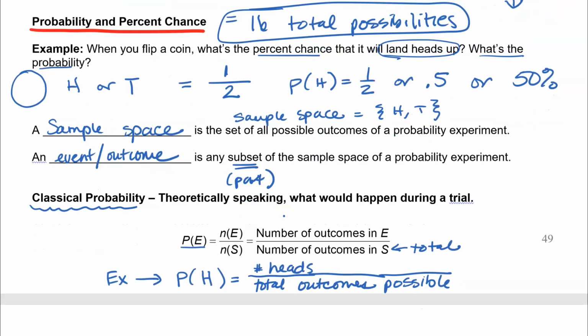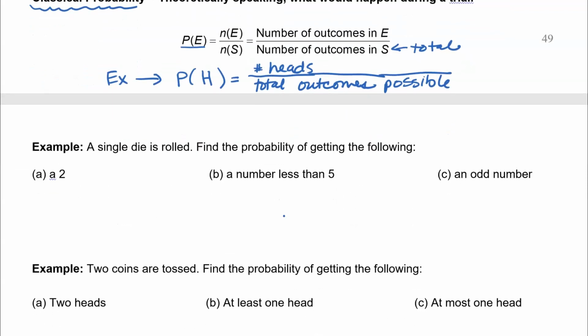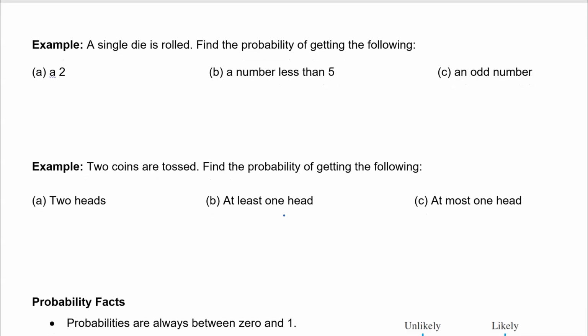So let's go ahead, and I'm just going to scroll down here and let's do a couple of examples. It's going to make so much more sense if we actually do some examples. So a single die is rolled, okay? Find the probability of getting the following. So the first thing we're going to do is write out the sample space. So the sample space for rolling a die, we use brackets, is 1, 2, 3, 4, 5, or 6.